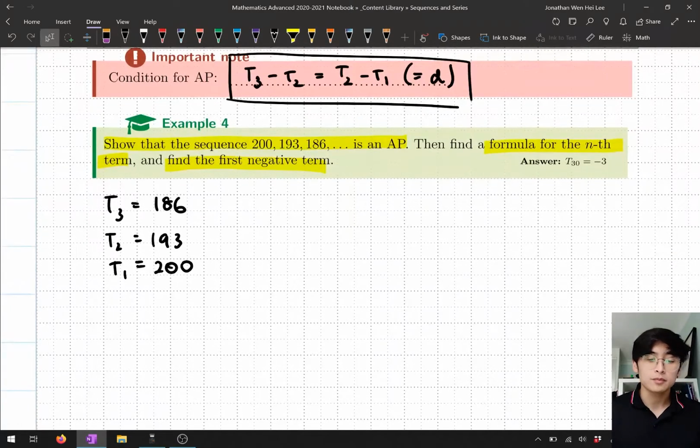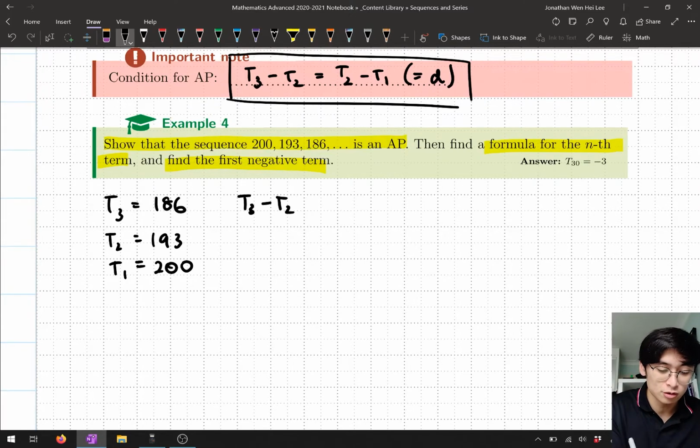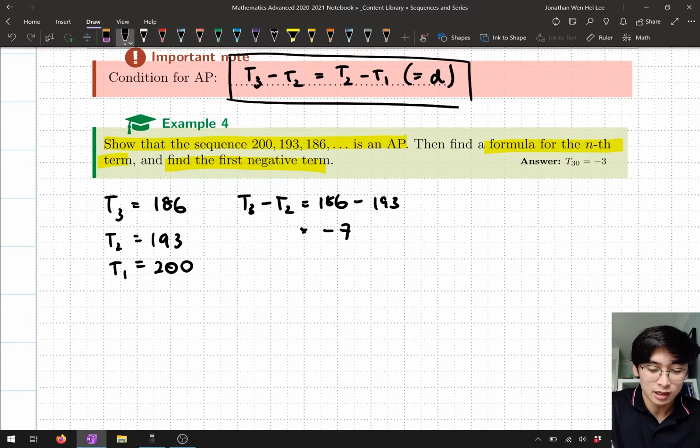If I want to show that a sequence is an arithmetic progression, what I need to do is show that T3 minus T2 is equal to T2 minus T1. So let's do T3 minus T2. T3 is 186 minus 193, and that gives me -7.